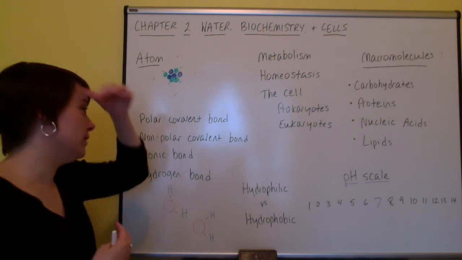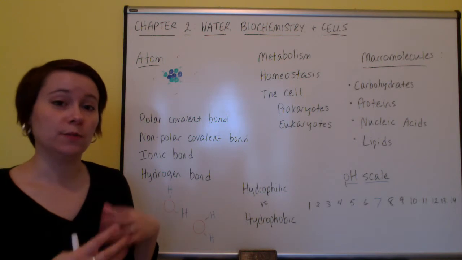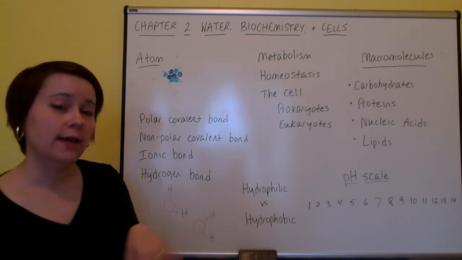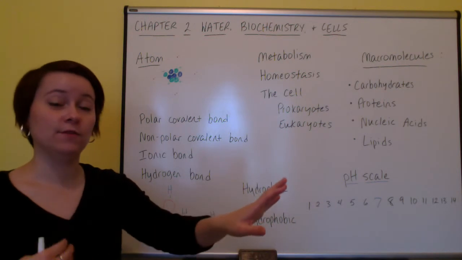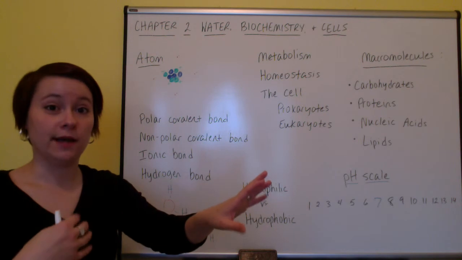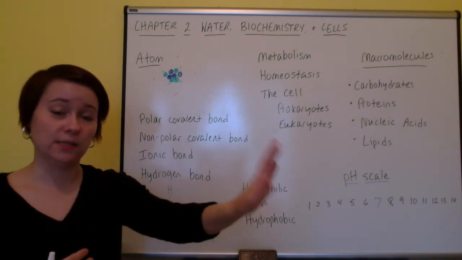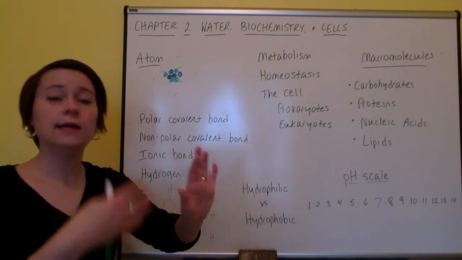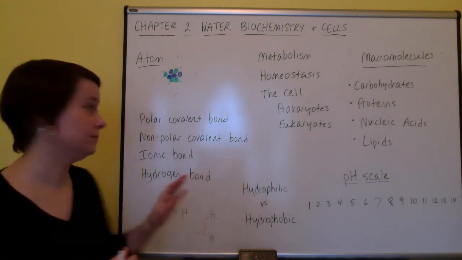So in that molecule, typically one side is going to be slightly more negative, and the other side is going to be slightly more positive, because one half of the molecule takes the electrons more and doesn't share them equally. The other side tends to be very slightly positively charged, and the side that holds on to the electrons tends to be very slightly negatively charged.